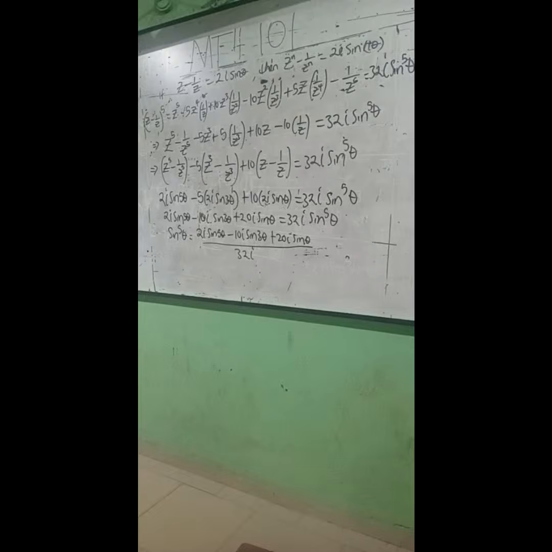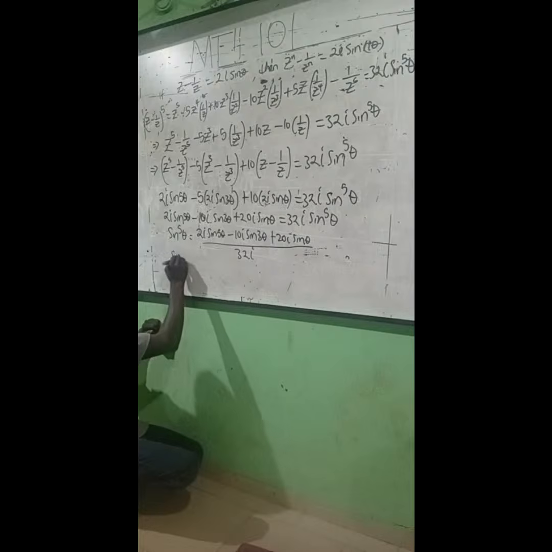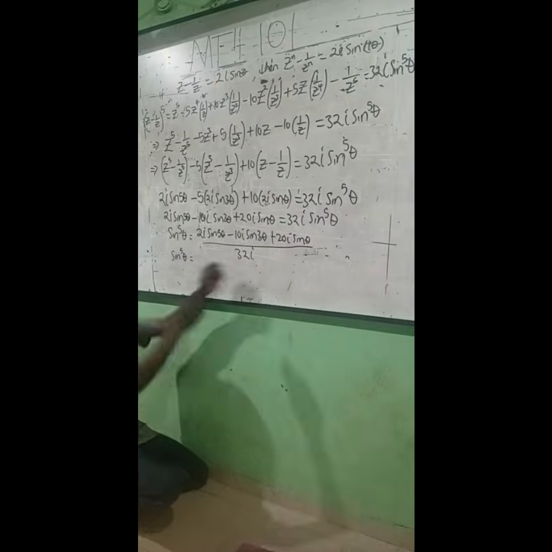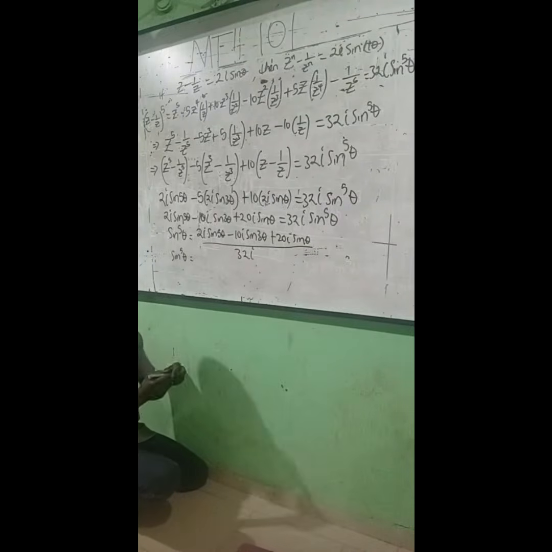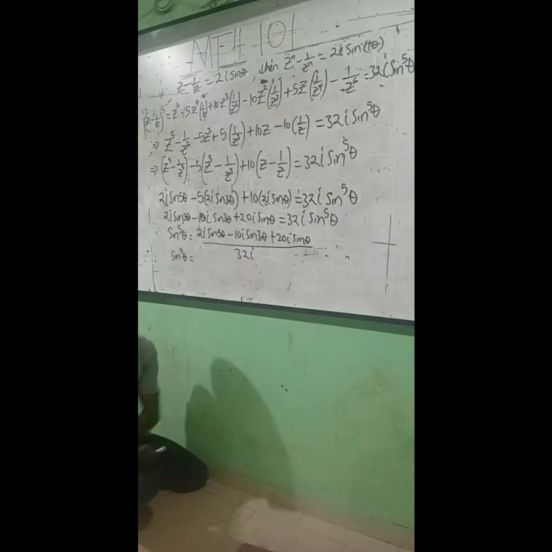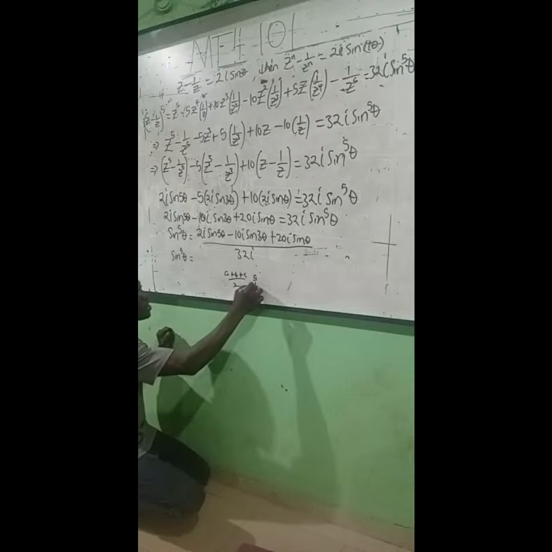So now sine to the power 5 of theta, you can distribute the denominator to each term. It can be this over 32i, this over 32i, you can write them separately like that. If you have A plus B plus C over 2, it's the same as A over 2 plus B over 2 plus C over 2.